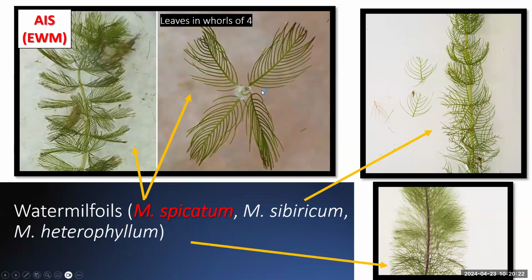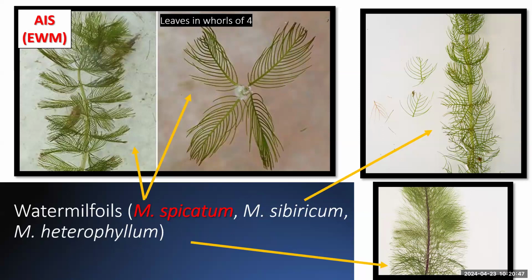There's 4 leaves here, and each leaf has what are called leaflets. And Eurasian water milfoil has a lot of leaflets compared to, look at the natives, the sibiricum over here on the top right, far fewer leaflets. And then the heterophyllum down here at the bottom right, it also has not as many leaflets.